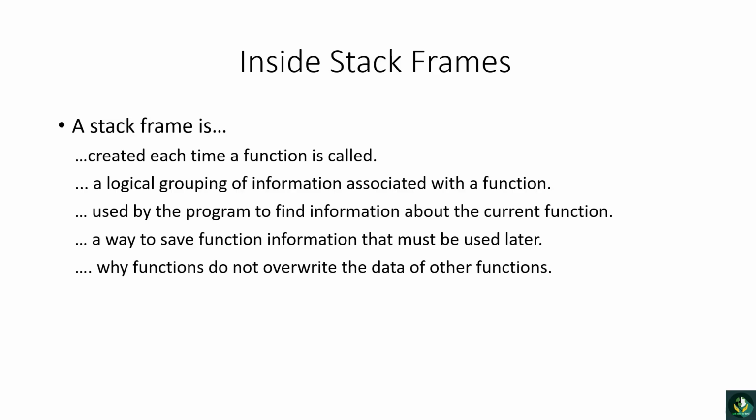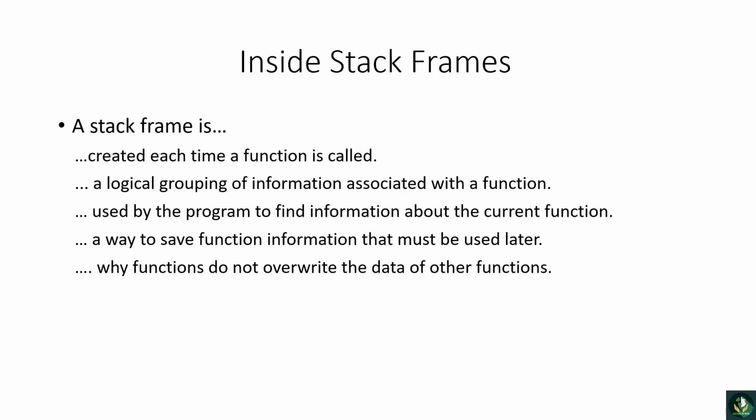Stack frames also temporarily store the function data when another function is called, so that the data can be restored when the function call returns. This prevents the data from one function from overwriting the data from another function. This behavior is extremely important for the proper execution of every program.